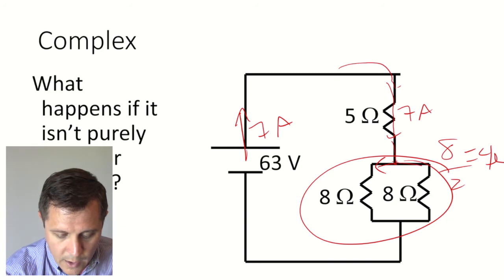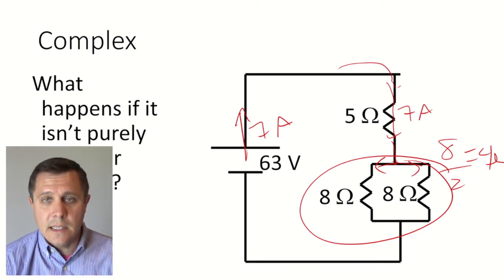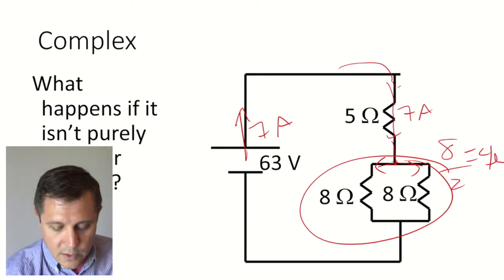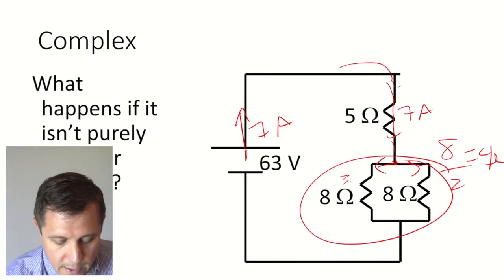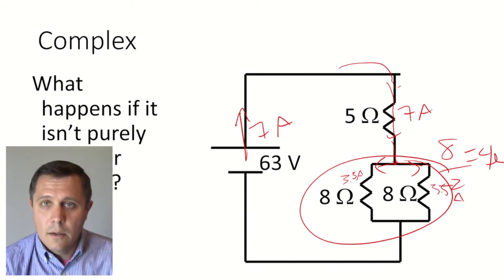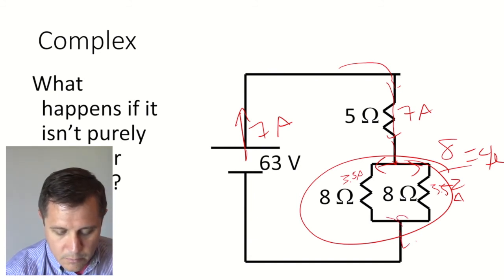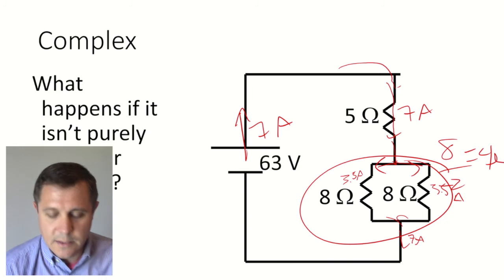Some is going to go one way, some the other. Because the resistances are the same values, it's going to split up equally. So I'll have 3.5 amps going through one side and 3.5 amps through the other. When they meet back again down below, it'll be 7 amps once again.